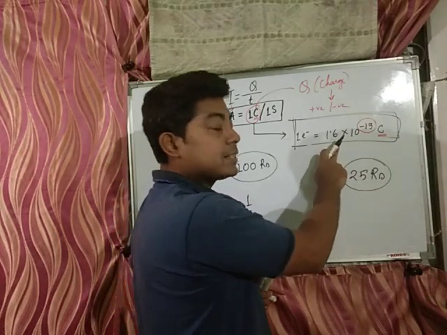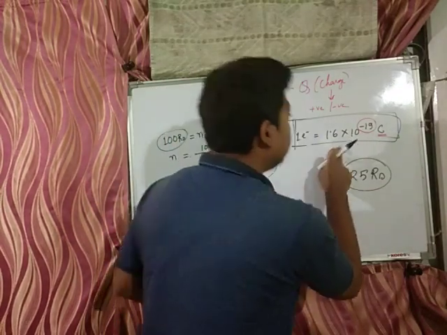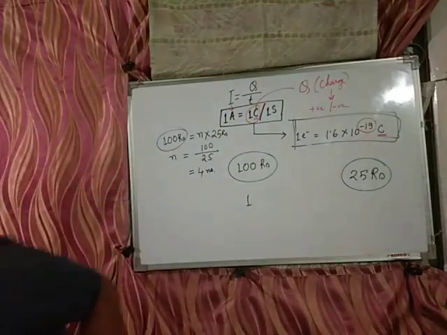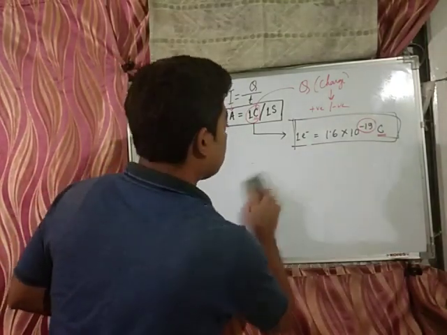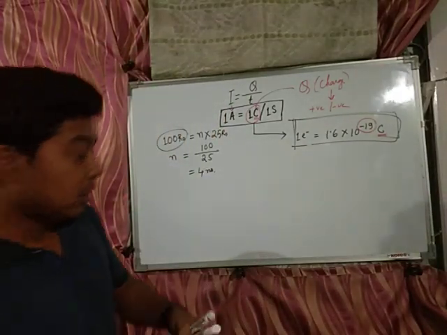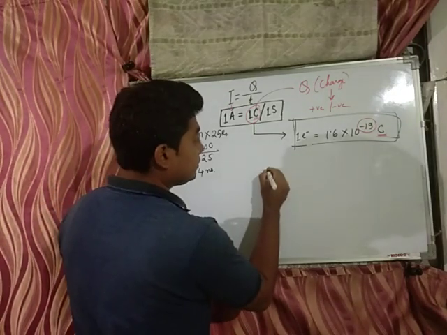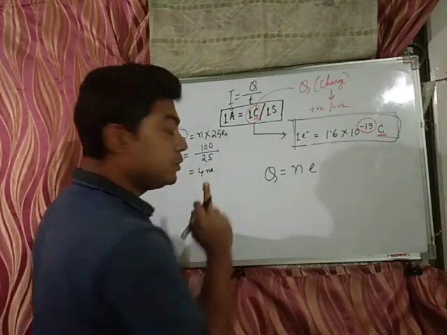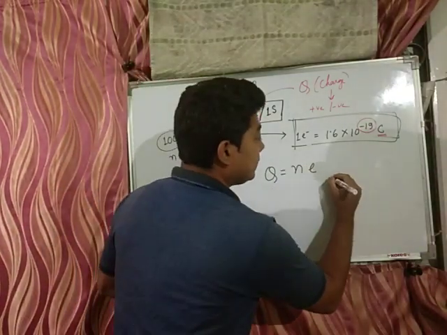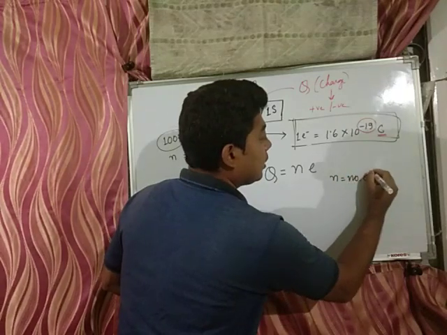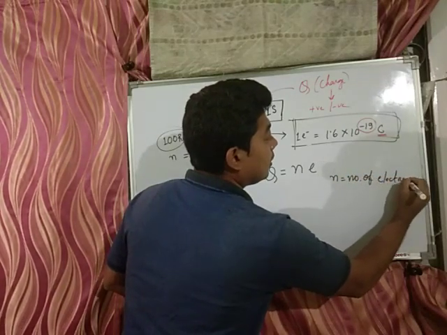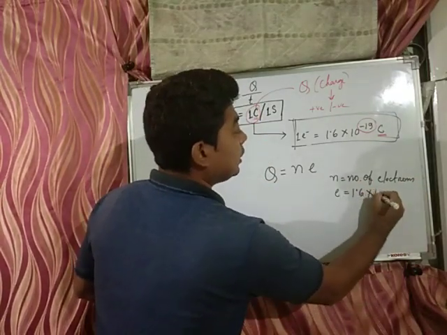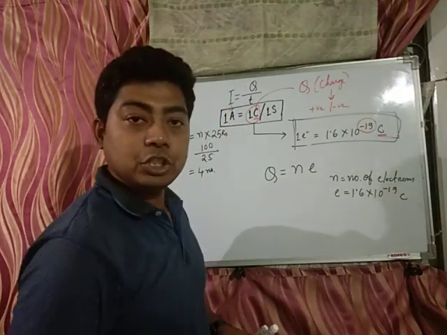This is 1.6 into 10 to the power minus 19 coulomb, and you have to make 1 coulomb. So in the same way, the formula is Q equal to N into E. Q is the charge, N is the number of electrons, and E is the charge of 1 electron, that is 1.6 into 10 to the power minus 19 coulomb.